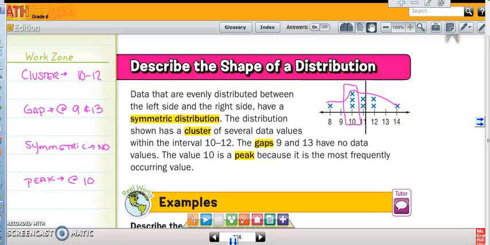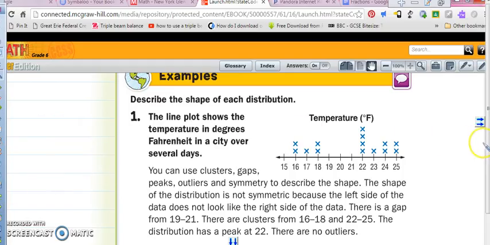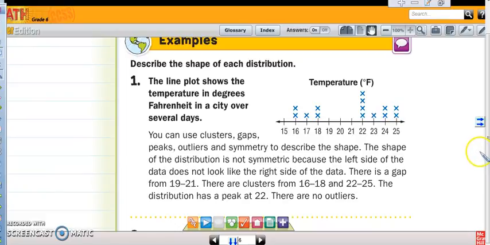So let's look at another example of this. The line plot shows the temperature in degrees Fahrenheit over a city for several days. Again, we're going to use the words cluster, gap, peak, and symmetry.